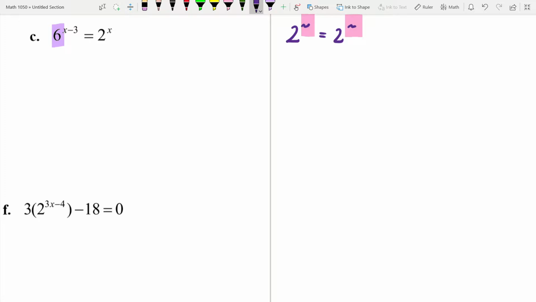Can 6 be written as a power of 2? It cannot. So I want you to write a word right here, and I want you to write weird. I know it's weird to write weird, but I'm going to say, talk to me about this problem, and you're going to say, it's weird.